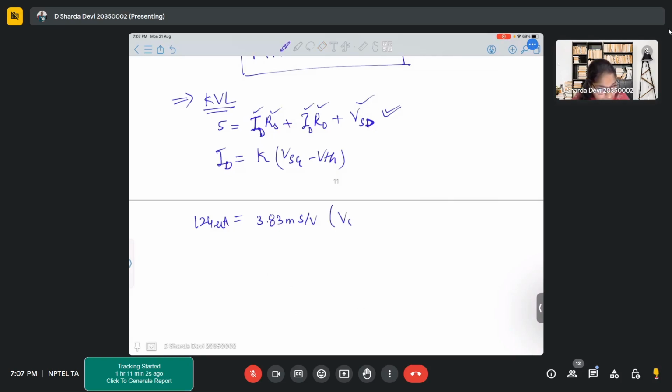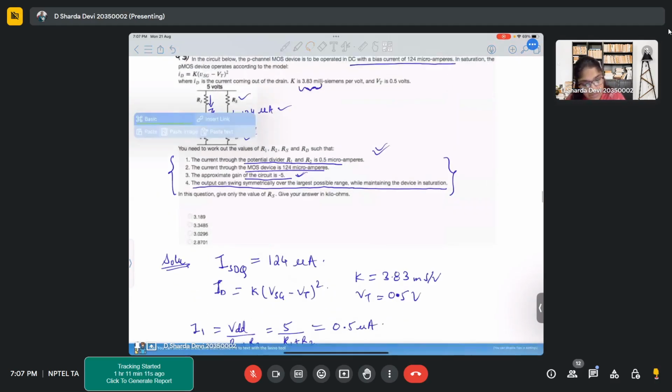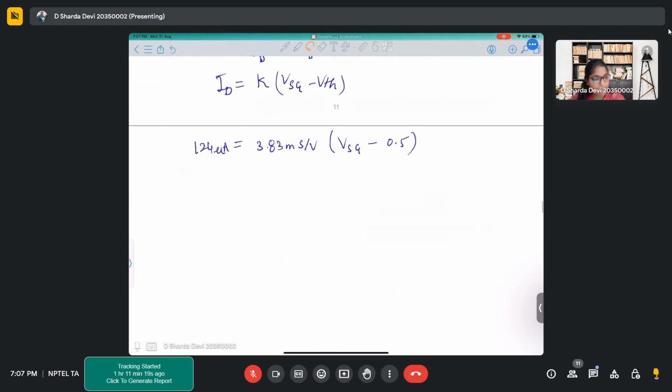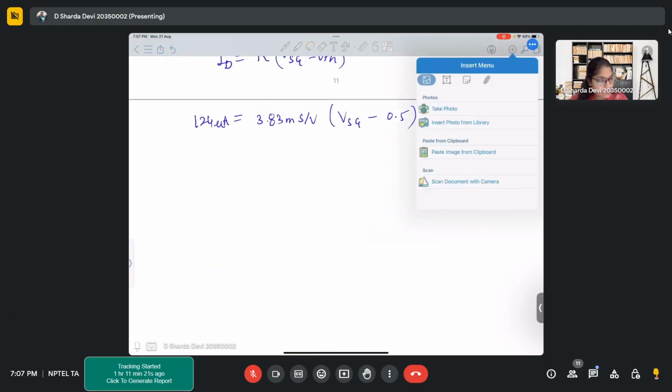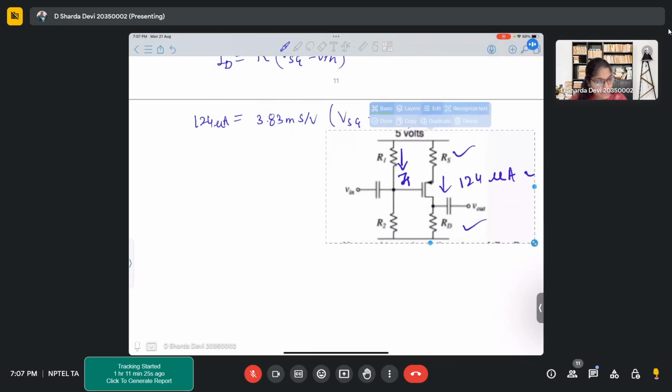Now here we have VSG minus 0.5. In this particular circuit, we have to find Vs and Vg. This is the circuit that we have.